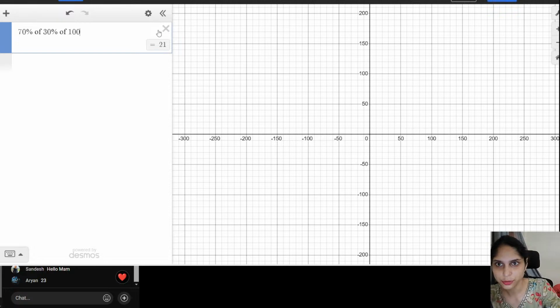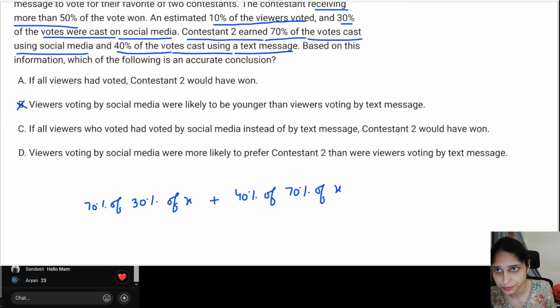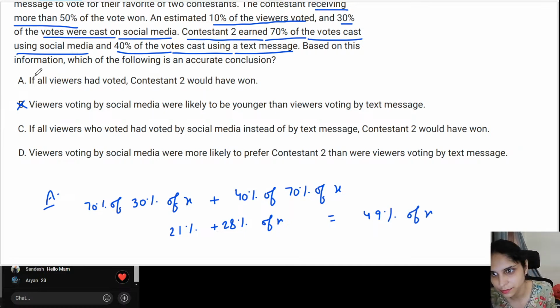You can write 100 over here, it's 21%. 40% of 70% of X is 28%. I'm checking for option A. If all viewers had voted, then also it would have been 49% of X, so it would not have won.